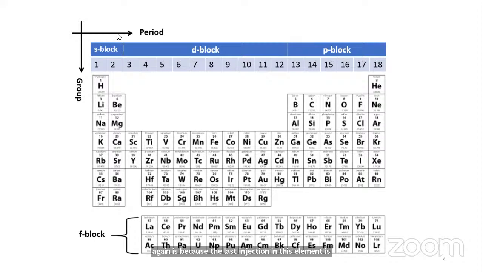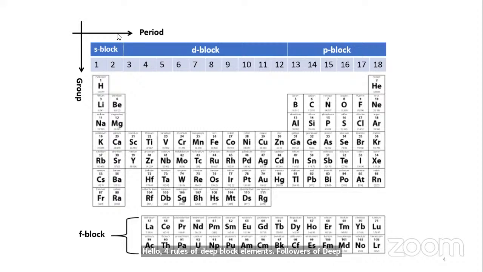Scandium has d1, and it goes through till we get to zinc that has d10. So all these elements within this family of scandium to zinc are said to be D block elements. And these D block elements are actually our transition elements. Currently we have 4 rows of D block elements.